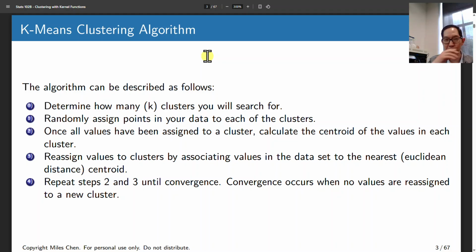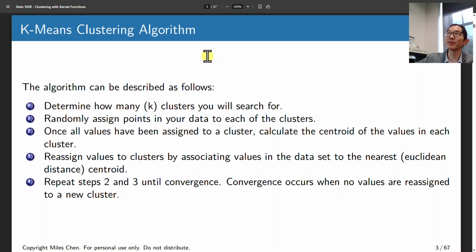Okay. So just a review of the k-means clustering algorithm. The way it works is we have to decide how many clusters we search for. We consider the k here a hyperparameter. This is something that is not learned by the algorithm itself. It is something that we have to decide before we run the algorithm.